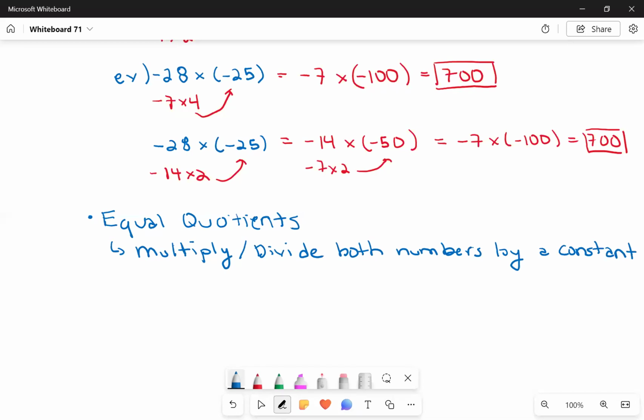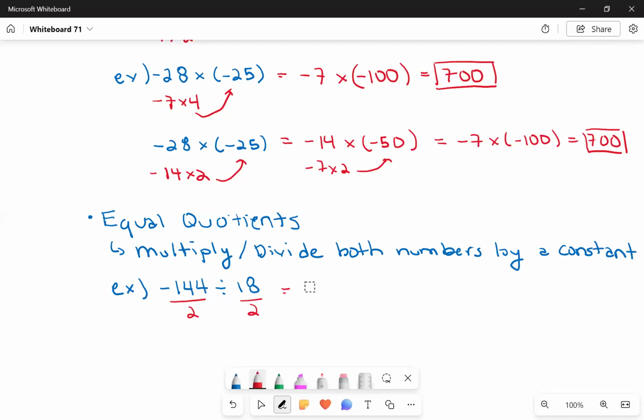All right, let's look at an example. Let's say we have negative 144 divided by 18. Okay, that's hard to do right off the top of my head. But I happen to notice that both of these numbers are divisible by 2. So I'm going to divide them both by 2, which means 144 when divided by 2, 2 into 14 is 7.